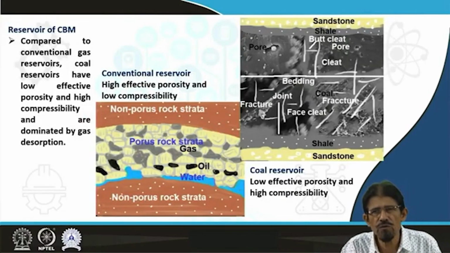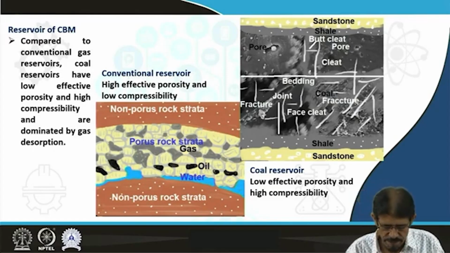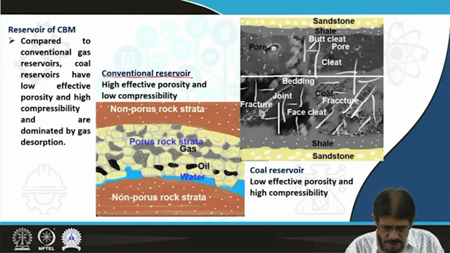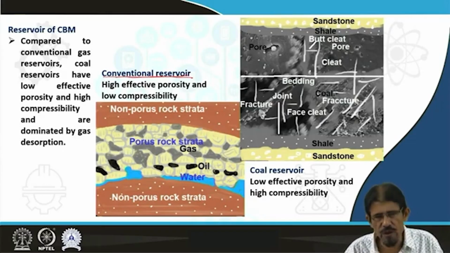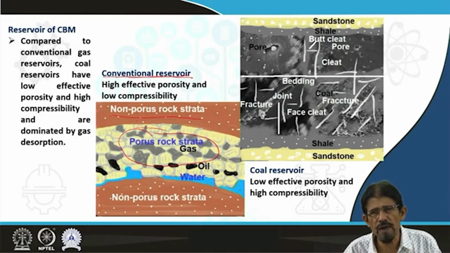Friends, if we look at the reservoir concerned with hydrocarbons, the conventional reservoir and the coal reservoir, we can see the conventional reservoir utilized for extraction of petroleum or natural gas has porous rock strata overlain by non-porous rock strata, that is, a permeable zone overlain by an impermeable seal or cap.